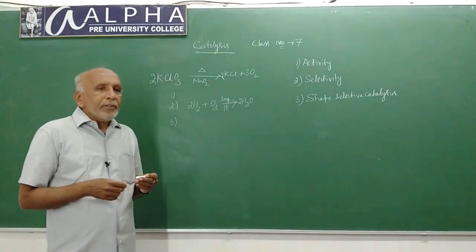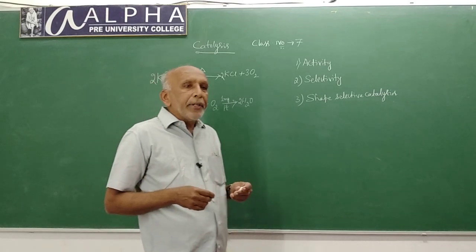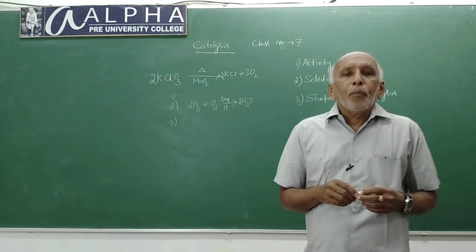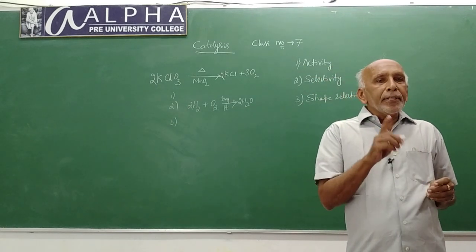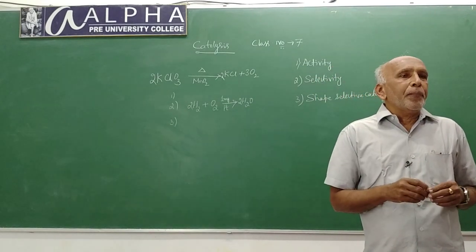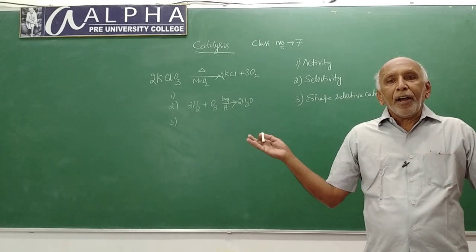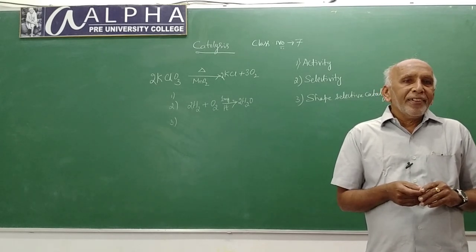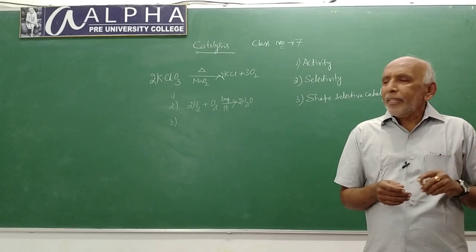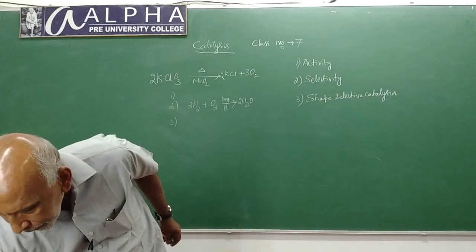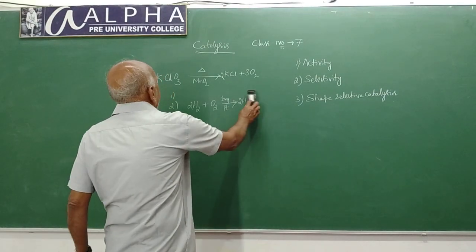Next, catalysts are highly specific in nature. That is, one substance which acts as catalyst in one reaction need not act as catalyst in all other reactions. It is one. See, these are some characteristics of catalysts.